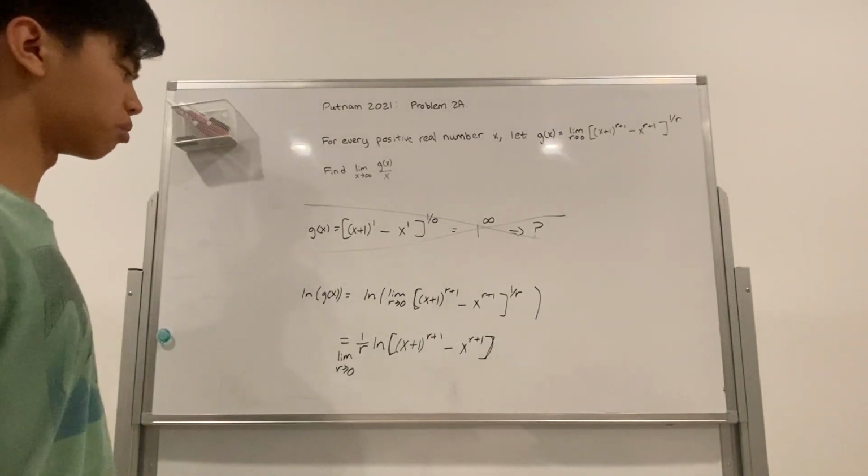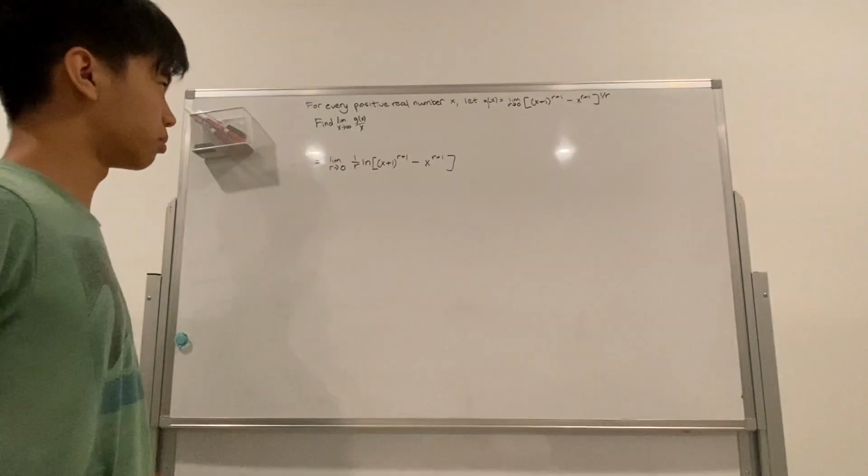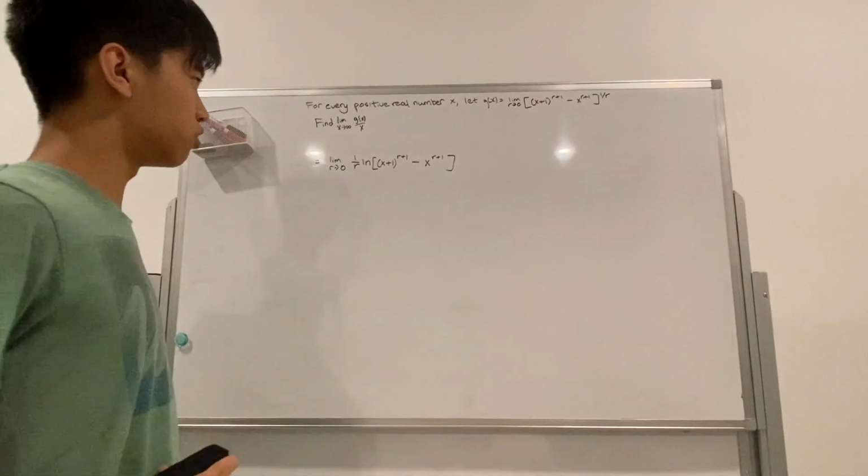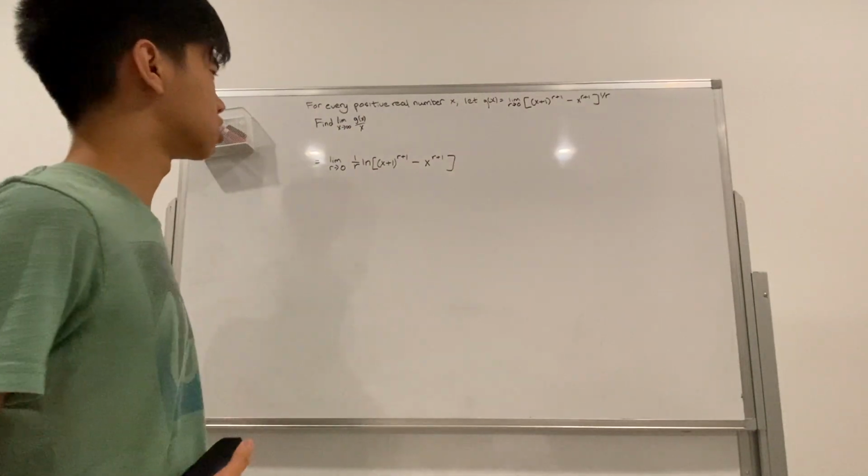So where do we go from here? It might seem a bit confusing, like what do you do with this limit?